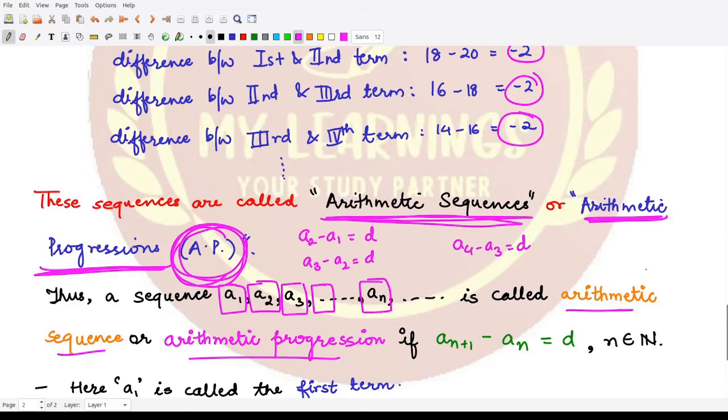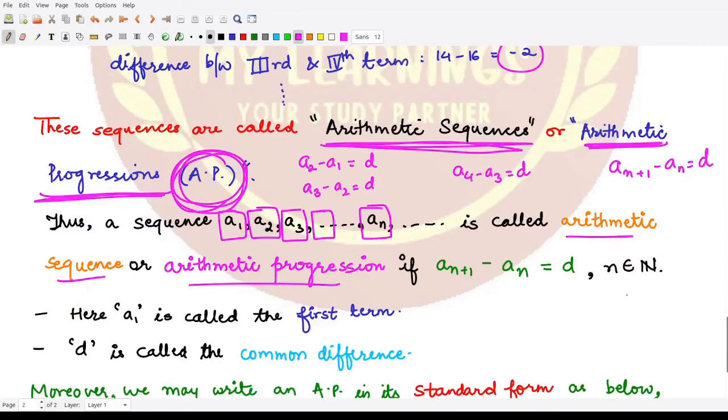So we are saying that a(n+1) minus an equals d, and if that is the case, then we call it an arithmetic progression. a1 is obviously the first term, and small d represents the common difference.